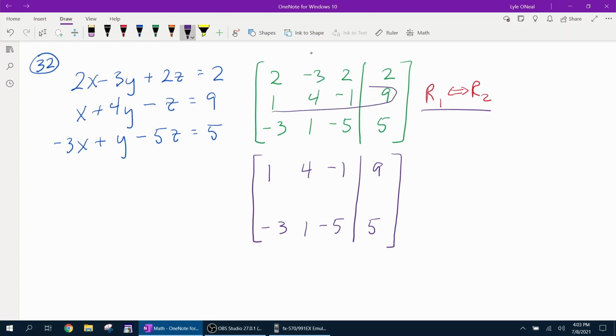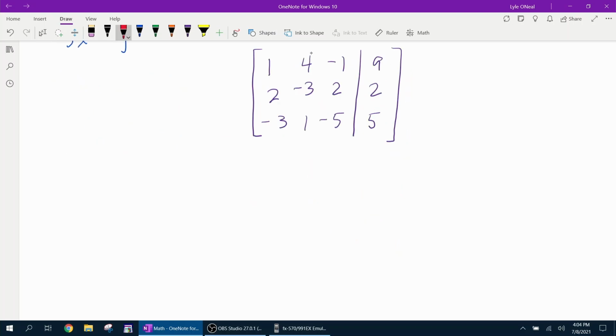That is row 2, becoming row 1, 2, -3, 2, and 2. Row 1 now becomes row 2. Again, our next 2 objectives are going to be to make the 2 and the -3 become 0. And to speed things along, I'm going to do both of those row operations in the same step.